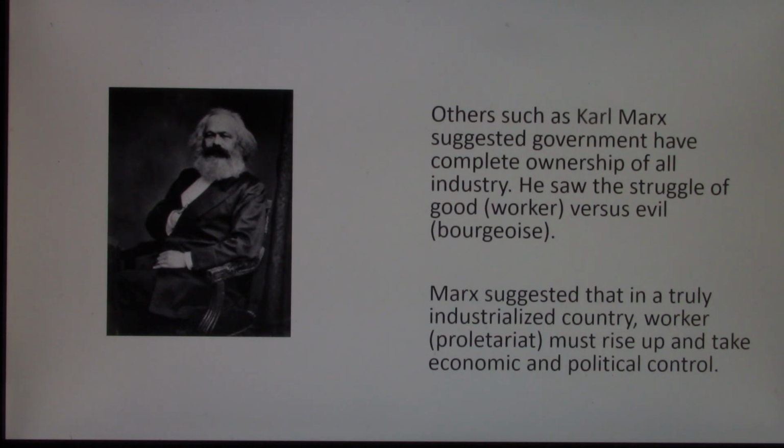These are what Marx called the bourgeoisie. Marx suggested that in a truly industrialized country, the worker, or what he called the proletariat, would rise up and take economic and political control of the country.